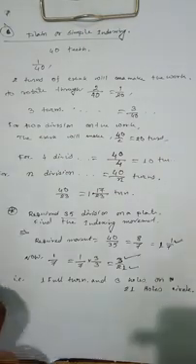Next one is compound indexing. This method of indexing is employed when the number of divisions required is outside the range that can be obtained by simple indexing. It involves the use of two separate simple indexing movements and is performed in two stages.